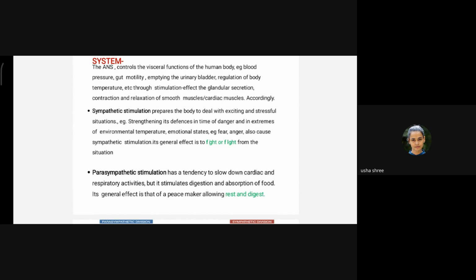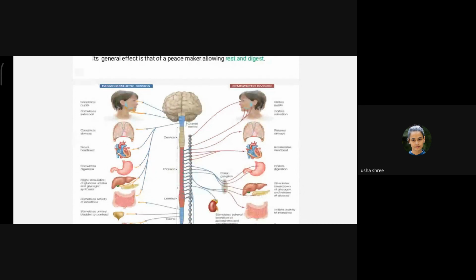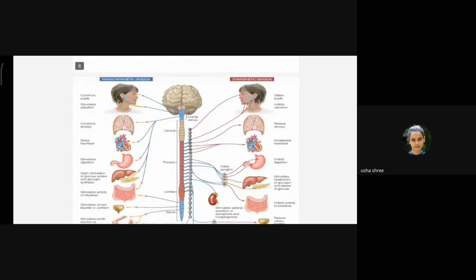Okay, you will notice there are some symptoms of sympathetic activation and parasympathetic activation. These are the symptoms. First, the symptoms of sympathetic activation. When the sympathetic nervous system activates, our pupil. Do you know what the pupil is? It is a part of the eye.